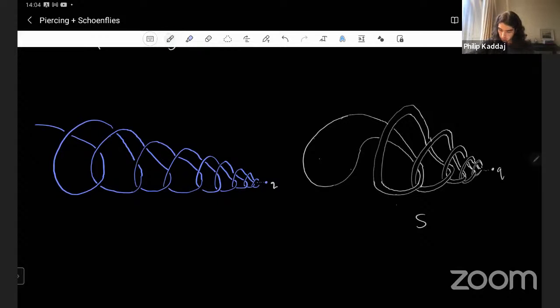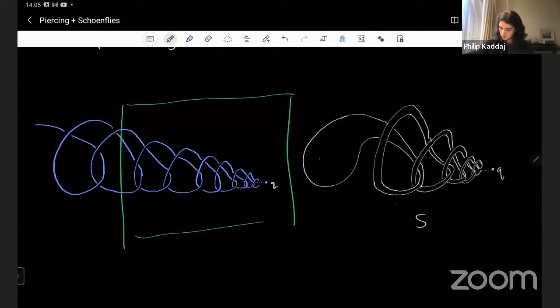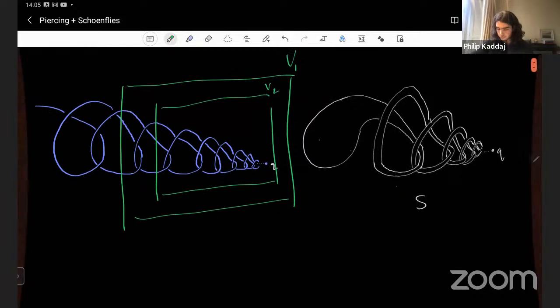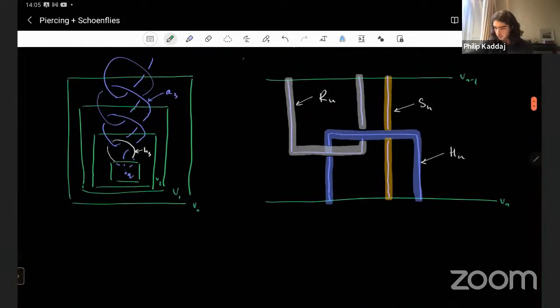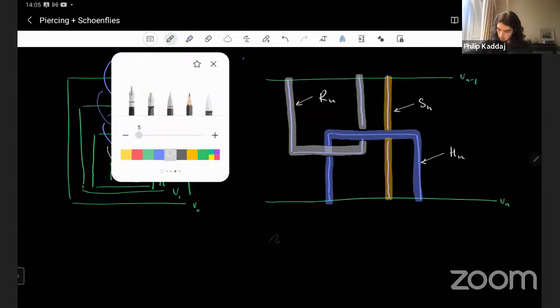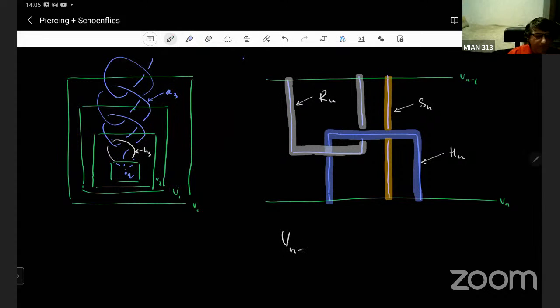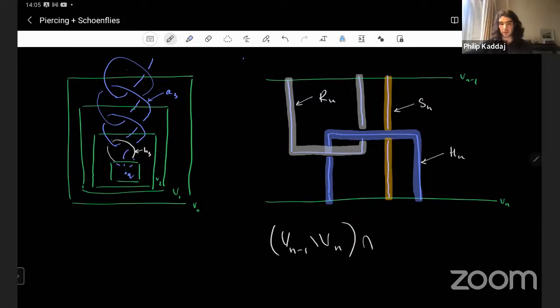The idea was as follows: we take square neighborhoods Vn of the wild point, such that Vn minus 1 intersect X looks like the diagram that I have.